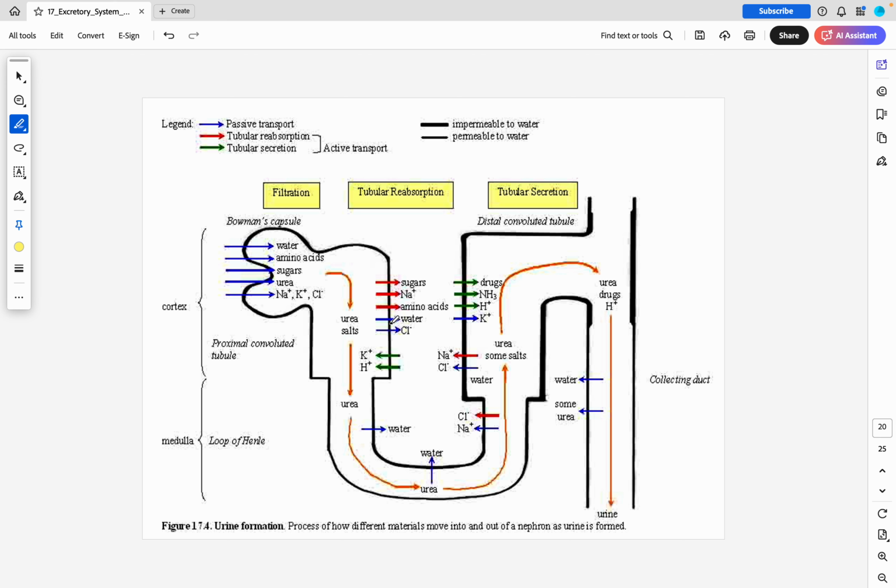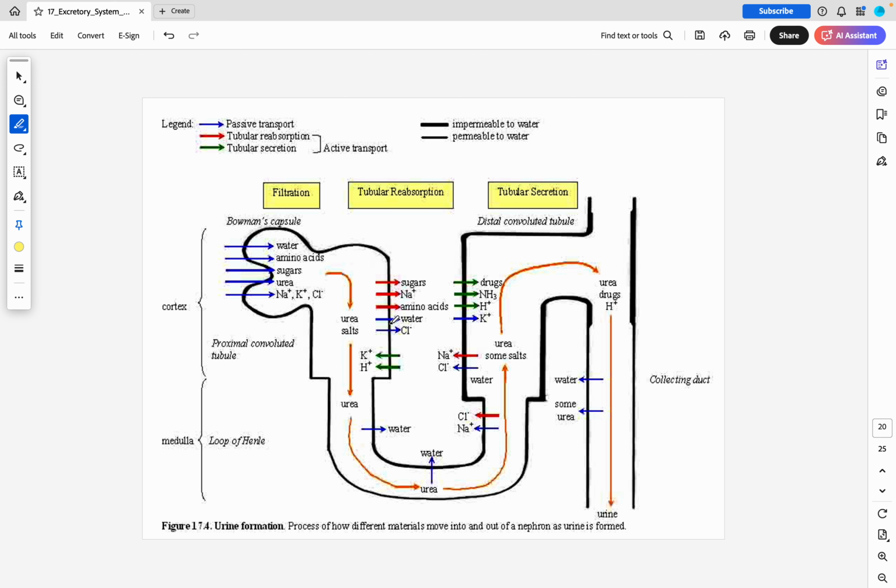Then urea salts, urea and nitrogenous wastes are kept within the filtered fluid.